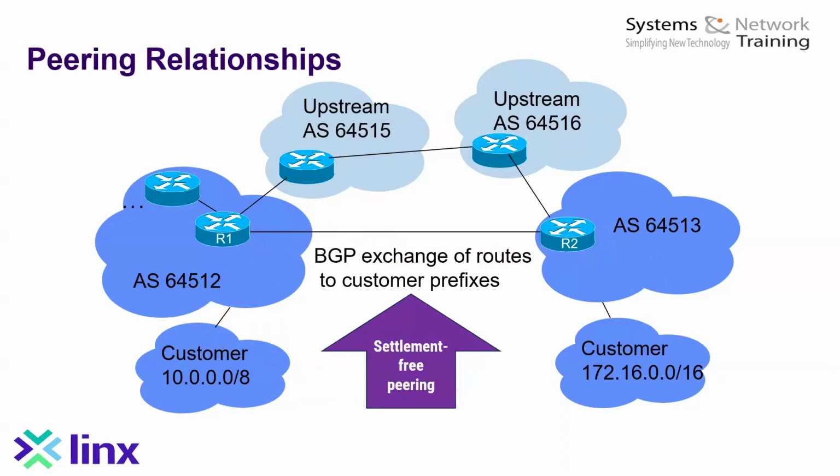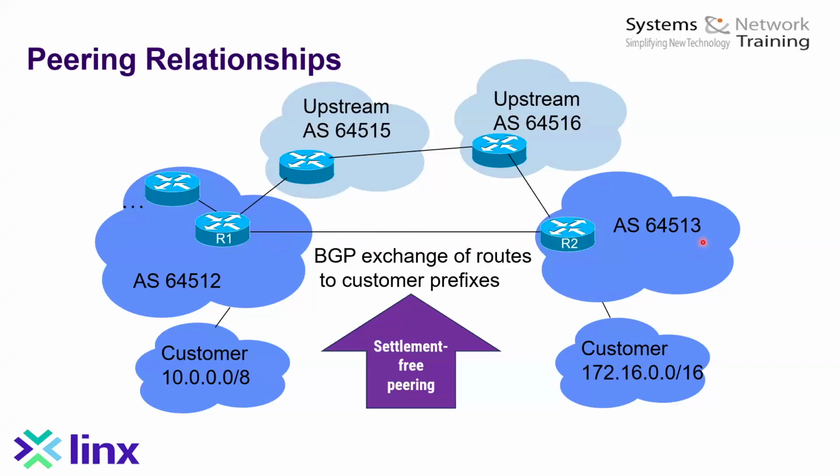Now, when these providers decide to have this peering relationship between their BGP routers, there is no exchange of money. They're not charging each other for the benefit of using each other's networks.